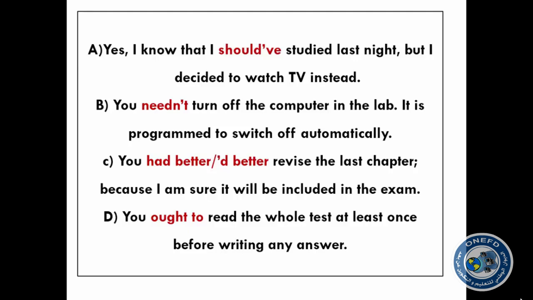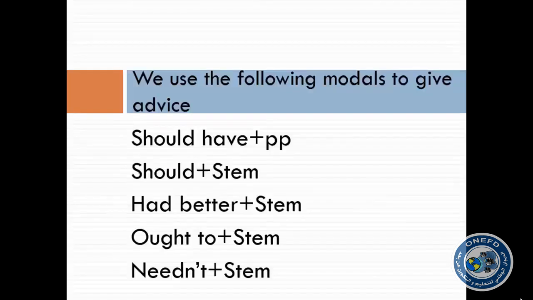So since you have experienced the language in meaningful communication, let's deduce the rules. We use the following models to give advice: should have plus past participle, should plus stem, had better plus stem, ought to plus stem, needn't plus stem.